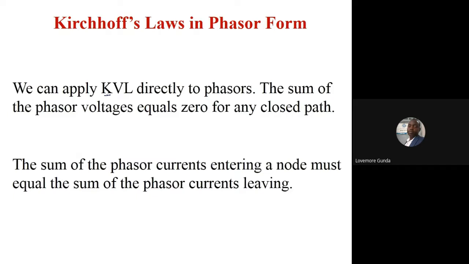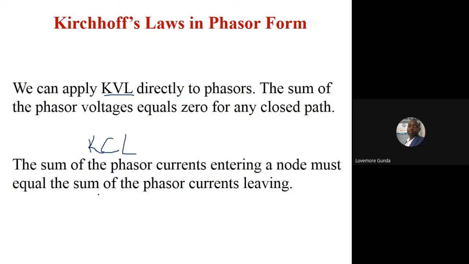So we can also apply Kirchhoff's voltage law to phasors. The sum of phasor voltages equals 0 for any closed loop. We can also apply Kirchhoff's current law on nodes. The sum of phasor currents entering a node must equal the sum of phasor currents leaving a node.